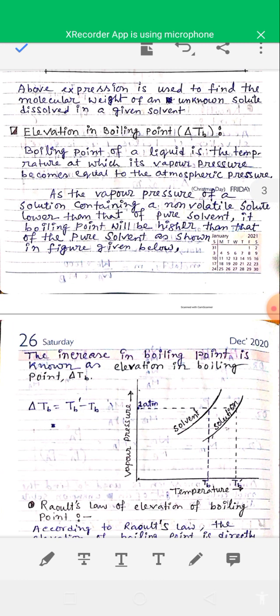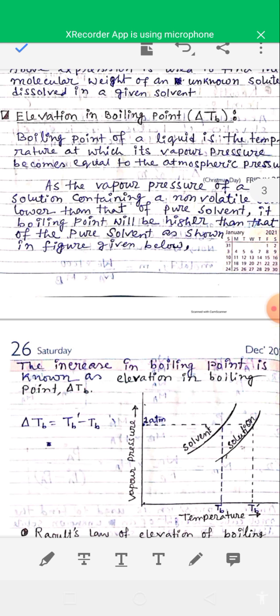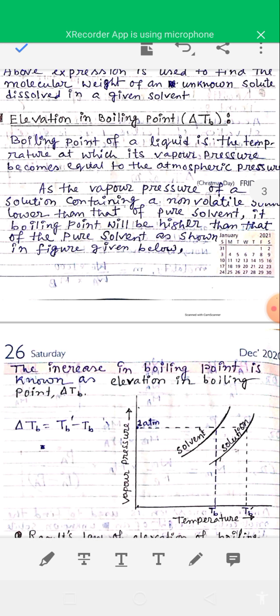And now see the next type of colligative property, elevation in boiling point, which is represented by delta TB. Elevation in boiling point. So first you have to know what is the boiling point. Boiling point of a liquid is the temperature at which its vapor pressure becomes equal to the atmospheric pressure.